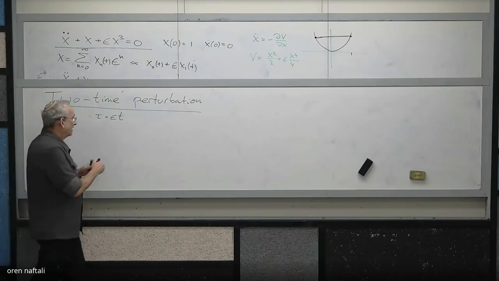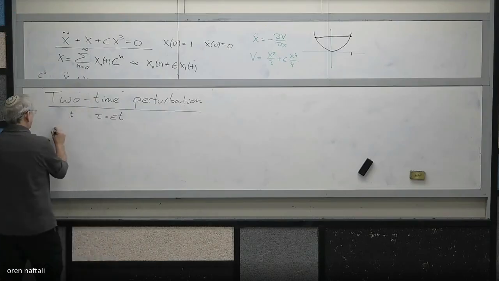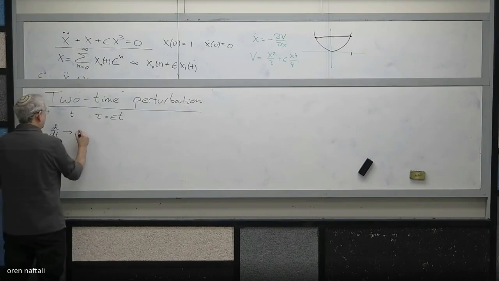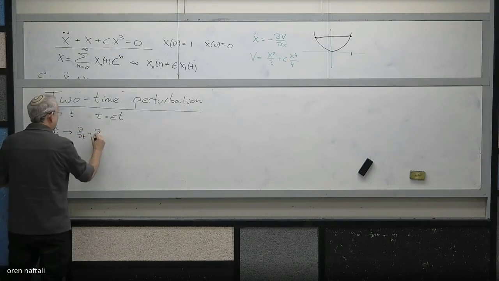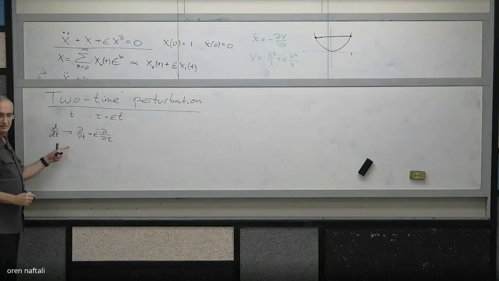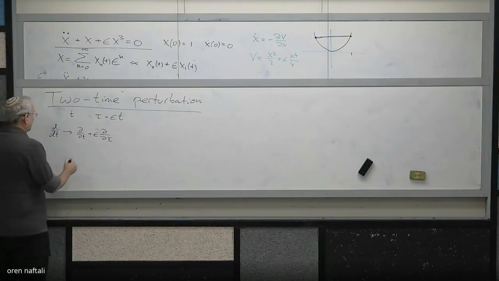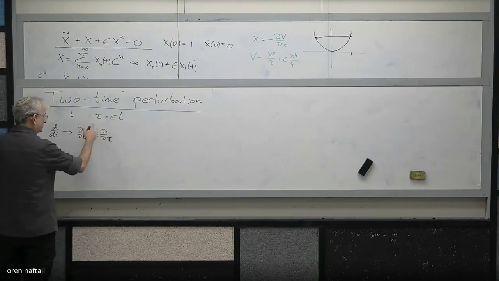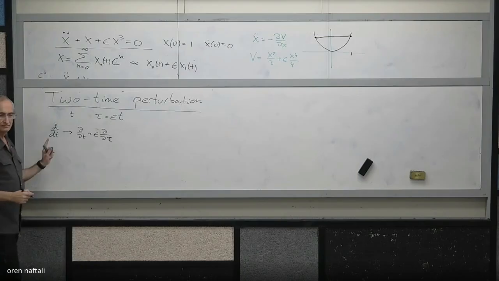And another thing is that we are going to replace every d/dt by dou t plus epsilon dou tau. See why? Right? Again, the chain rule, and d squared dt squared accordingly. Good.